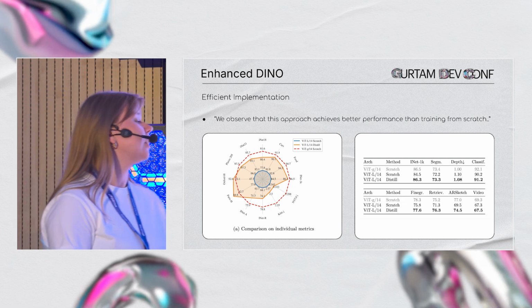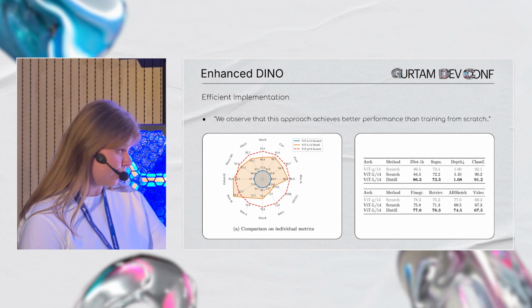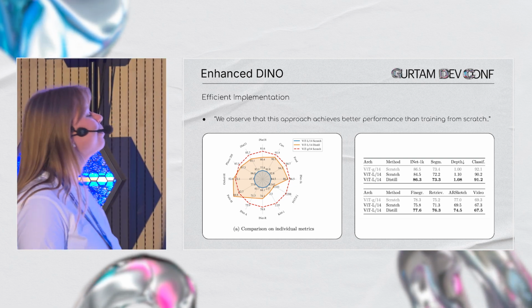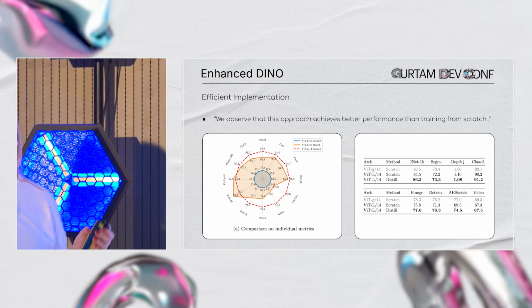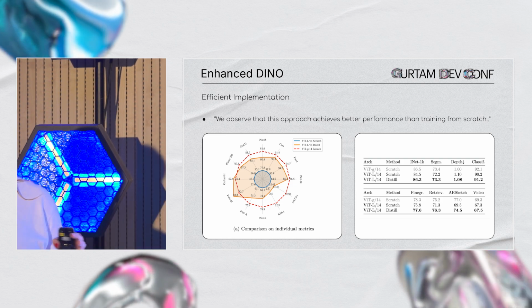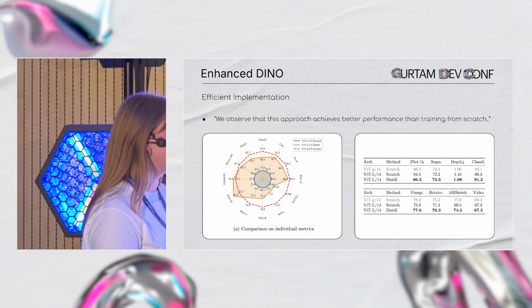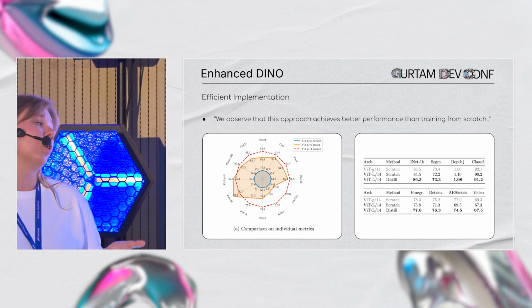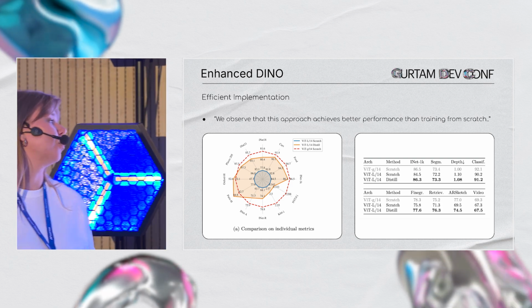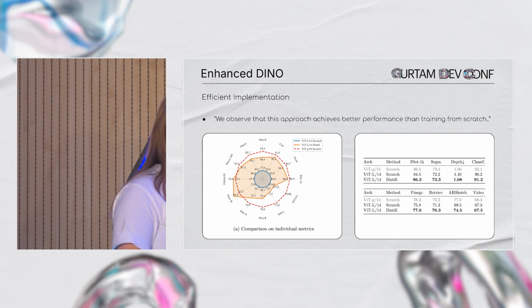And you can see that the results are pretty close to the original model, sometimes even outperform it, which is pretty massive in my opinion. And they also tried to train that smaller model from scratch utilizing the DINO approach. And you can see the results in the blue one, and they're worse than the results for the giant original model and even for the distilled one.